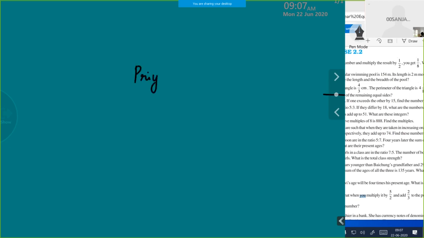I have an 8th standard student named Priya. Priya's family: father is there, mother is there. Priya has an elder brother and a younger sister. So how many members are in the family? 5 members including Priya: father, mother, brother, sister and Priya.